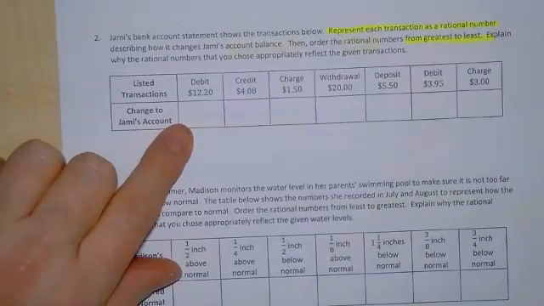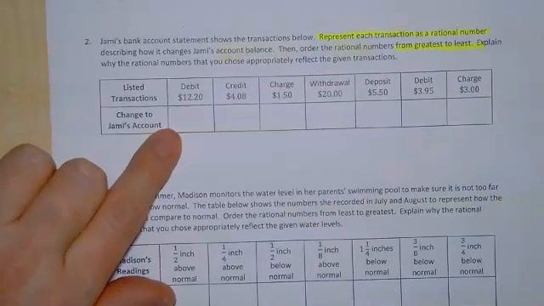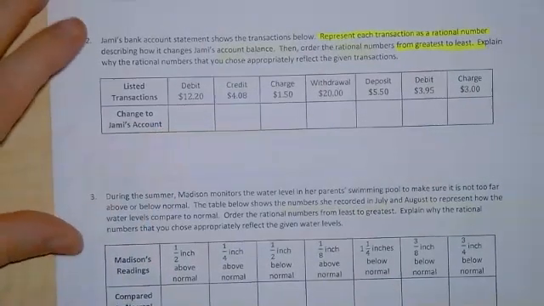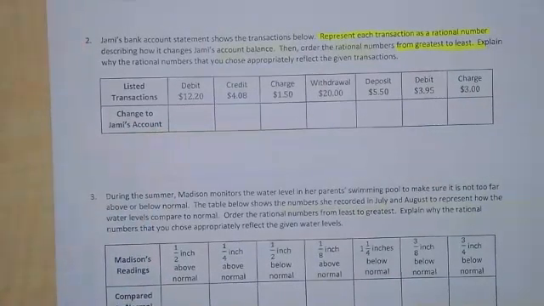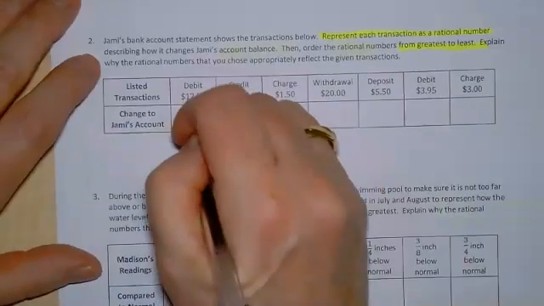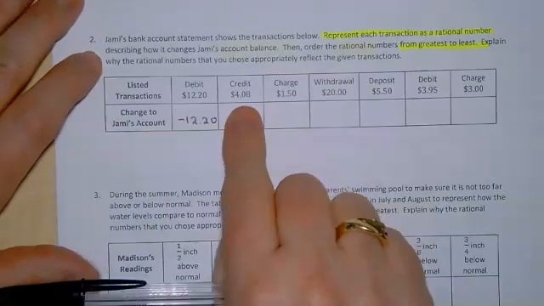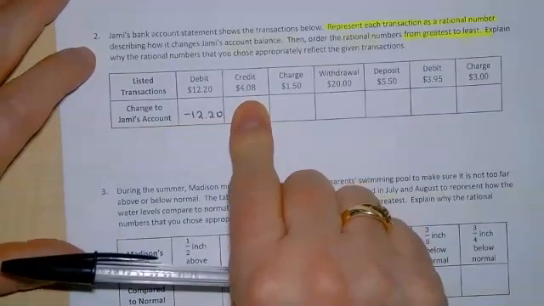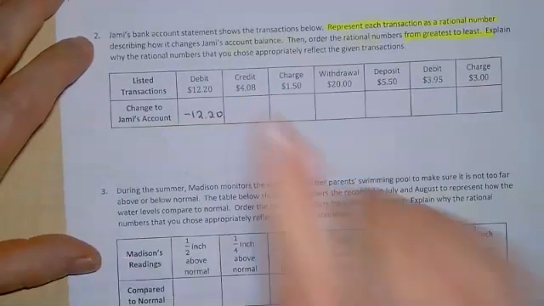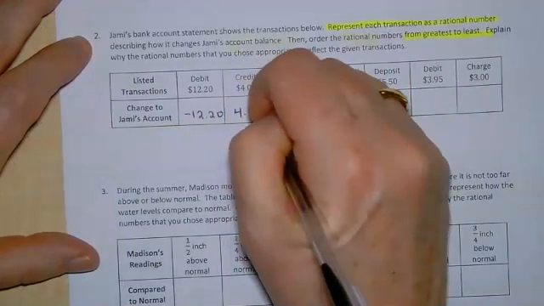A debit of $12.20. What integer would that be? 12. Positive or negative? It's a debit. I'm taking money out of your account. Negative $12.20. A credit of $4.08. Positive or negative, guys? Positive $4.08.